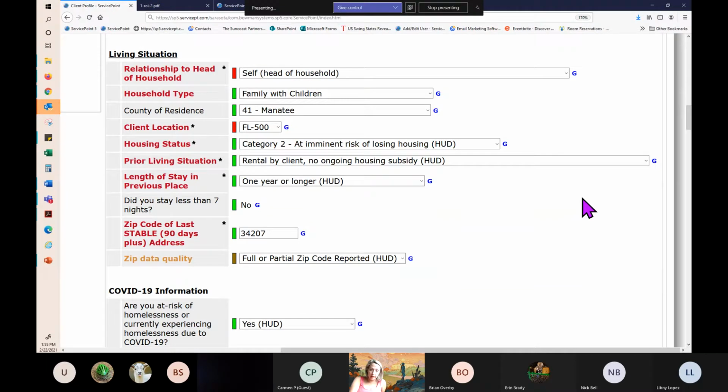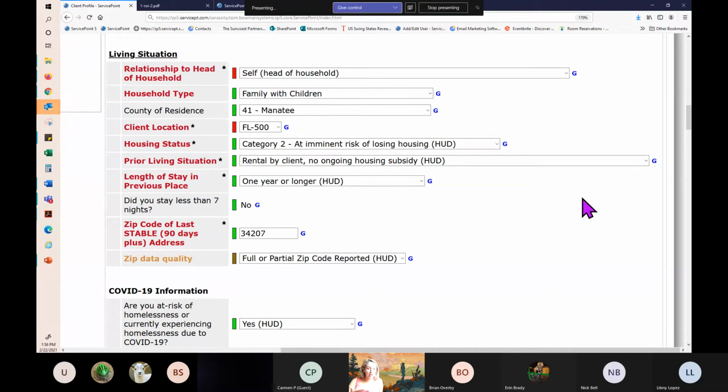It is so important for you as access point intake workers to ensure that you are telling the client's story. Because on this side of things, managing the coordinated entry system, we are not working with the clients face to face.